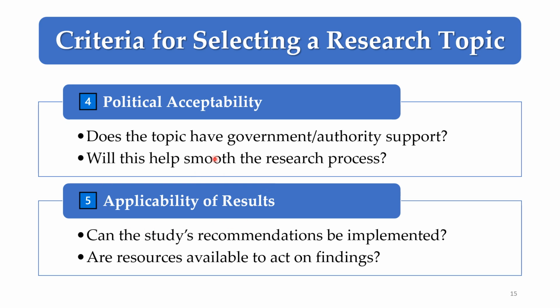Then applicability of results. You might want to consider a topic where, once you get the findings, they can be applied. Ask yourself, can the study's recommendations be implemented, and are resources available to act on the findings?